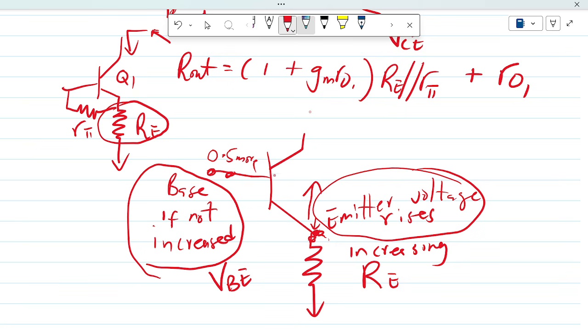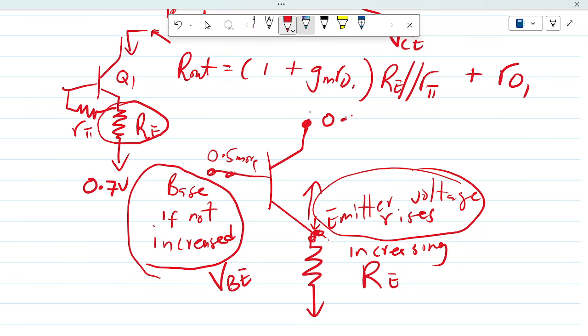0.8. Okay, so assuming initially the base voltage was 0.7 volts, the collector voltage had to be 0.7 and above.